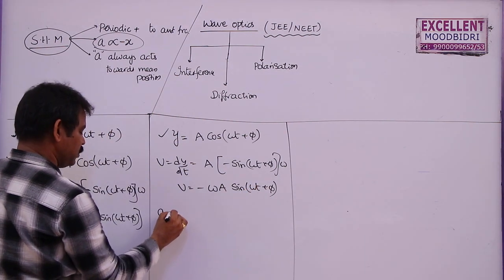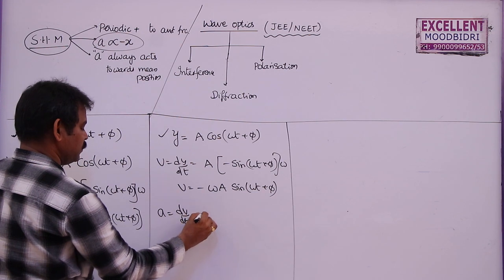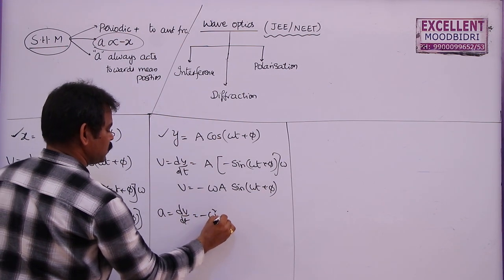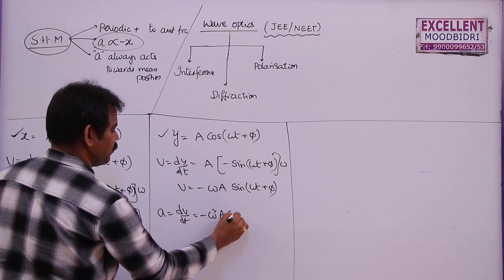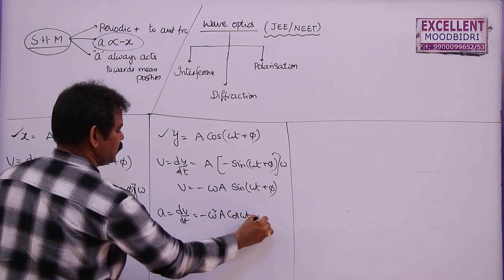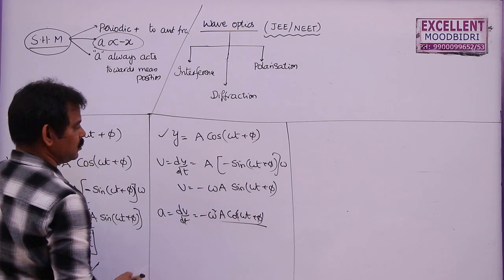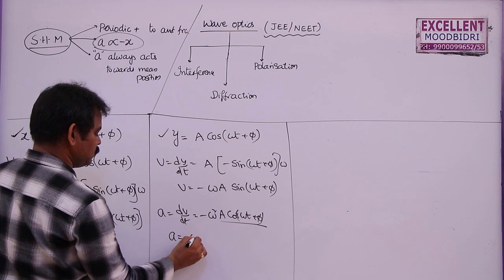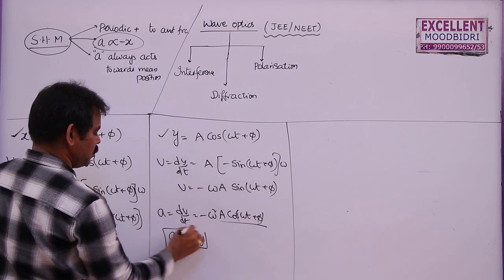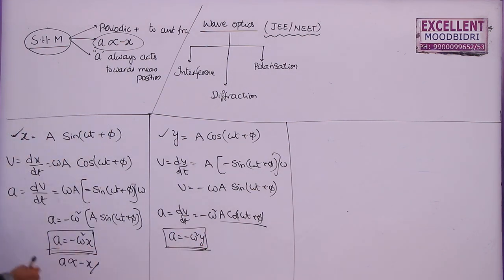Now acceleration is given by dv by dt, that is minus omega square a, this sine will become cos(omega t plus phi), and this is nothing but y. So a is equal to minus omega square y. In both cases, acceleration is equal to minus omega square x, or a is equal to minus omega square y.